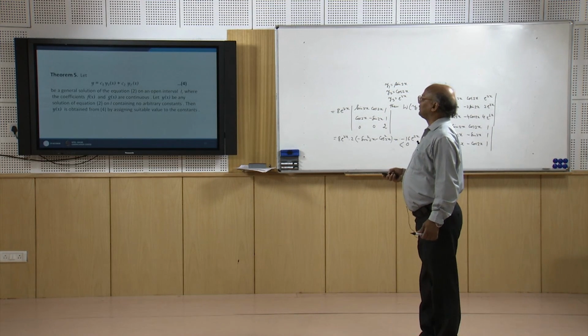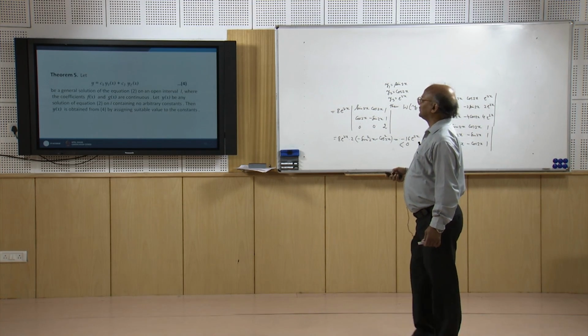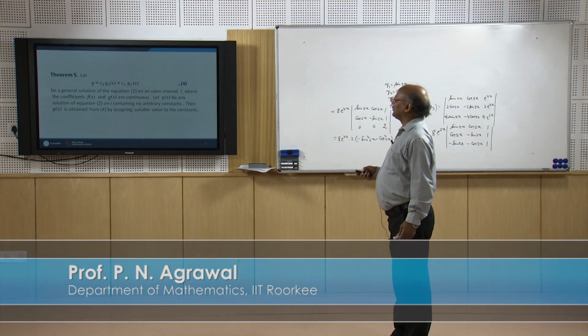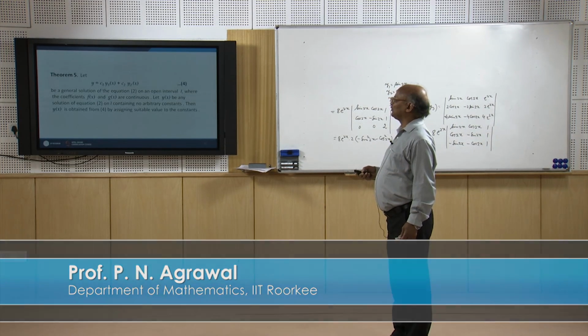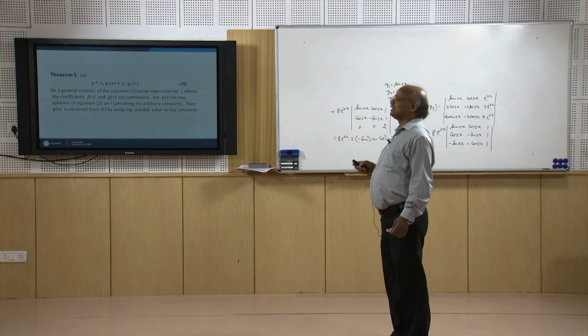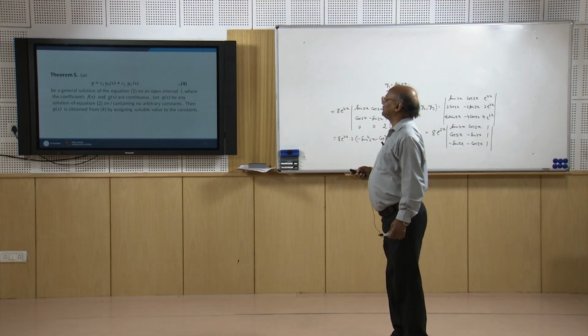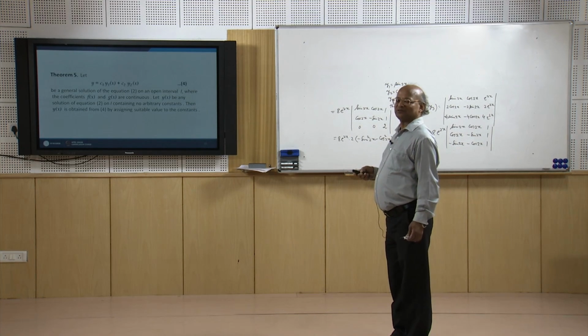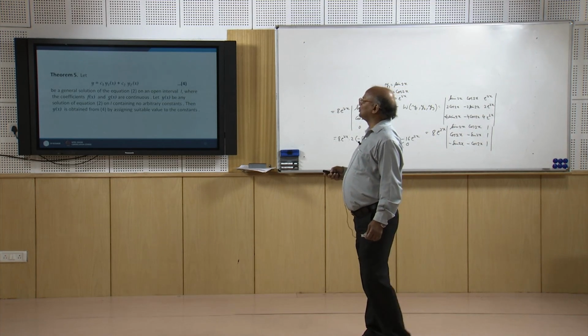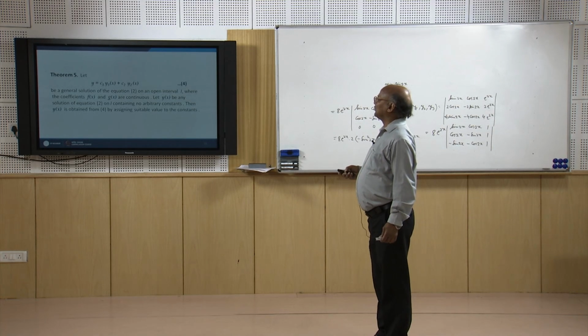Let y equal to c1 y1 plus c2 y2 be a general solution of equation 2 on an interval I where the coefficients f(x) and g(x) are continuous, and let y be any solution of equation 2 containing no arbitrary constants. Then this y is obtained from 4 by assigning suitable values to the constants. So this general solution includes all solutions of the equation 2. This is what is conveyed by this theorem.